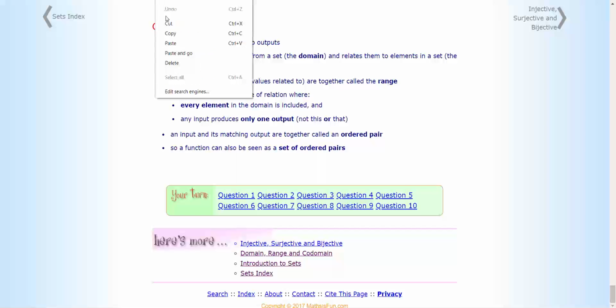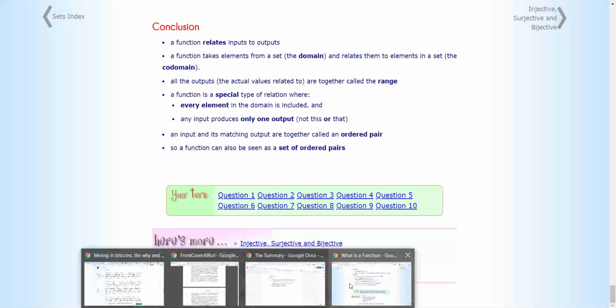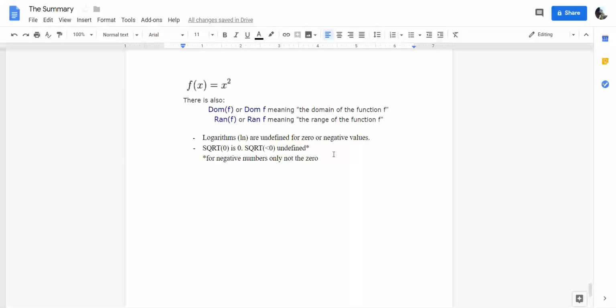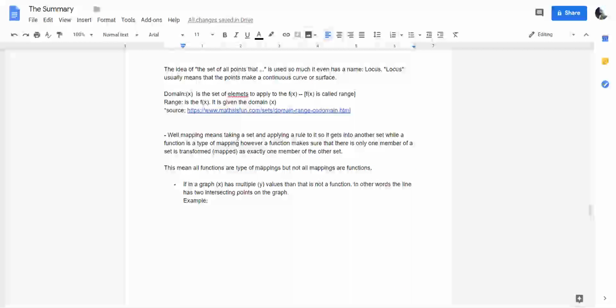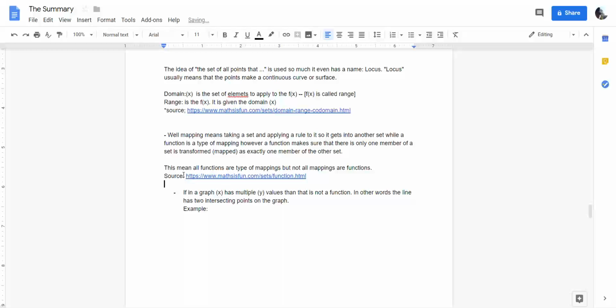So for the functions and mappings, we could just opt for this as a resource. Source, we could go domain and range and functions. Like here. Nice.